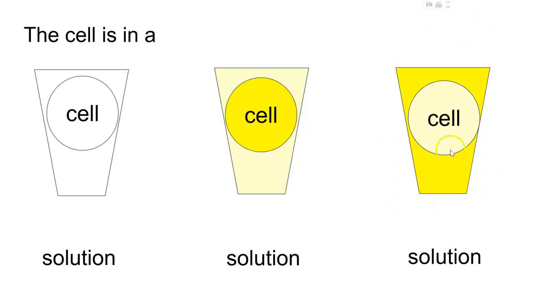This cell is in a solution that has more solute than inside the cell, so this is going to be a hypertonic solution. Again, we only describe the solutions. We never describe the cell by hypertonic, hypotonic, or isotonic.